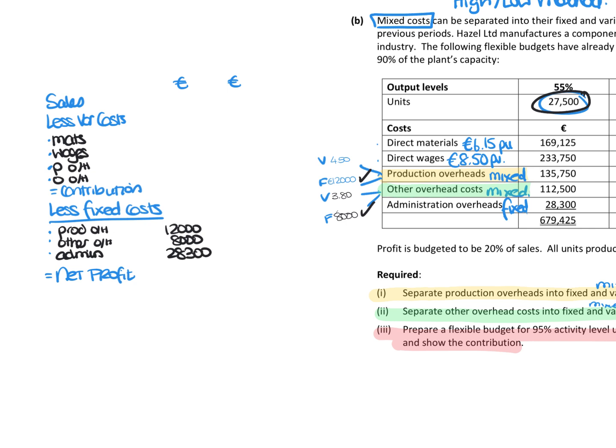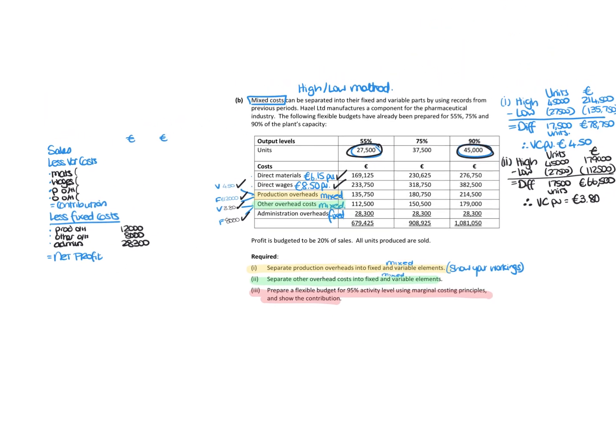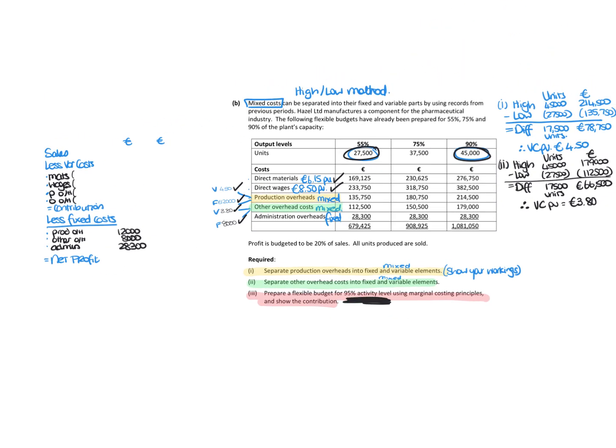Now, the materials, how do I know what to multiply this by, right? Well, we did work out the amount per unit, okay? But they're asking us to do this for 95% activity level.